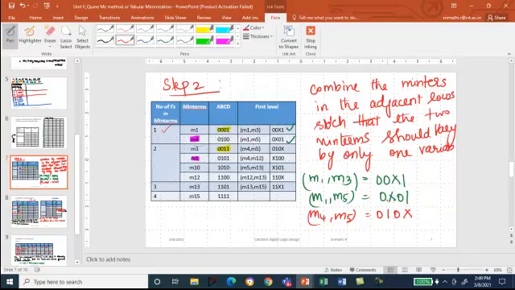Why are we writing x? It can be 0 or 1. For example, what is M1? 0, 0, 0, 1. What is M5? 0, 1, 0, 1. The second term is varying, that is why I am writing it as x.